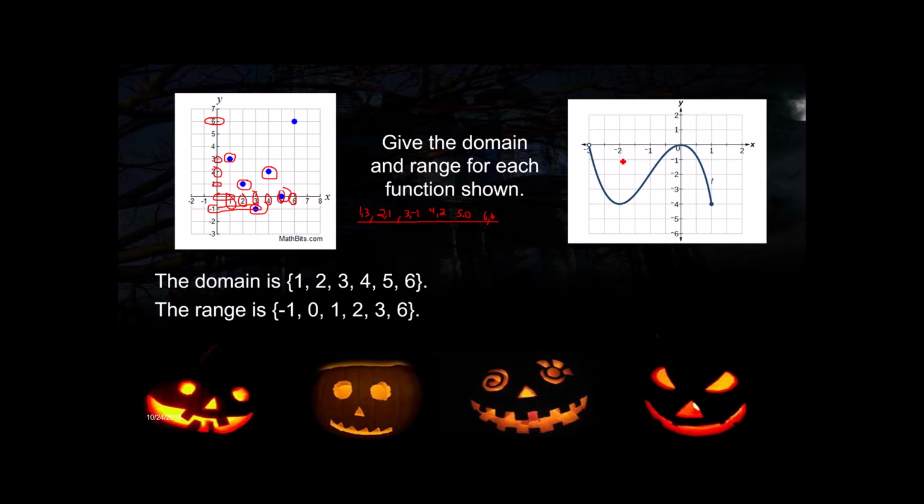So instead, what I have to think about is if I were to look at my x values. My x values are those values along the x-axis. I can notice that I have something here at 3. I have something here at -3, -1, -2. There are values along the x-axis everywhere from here to here.